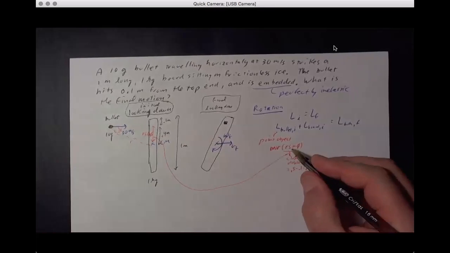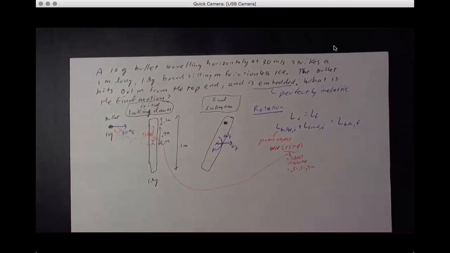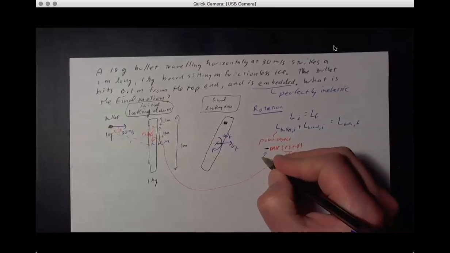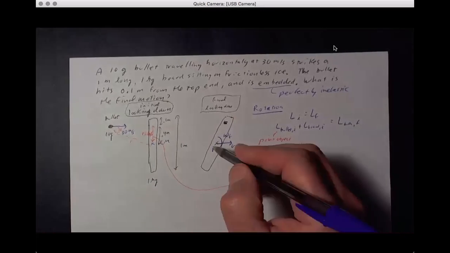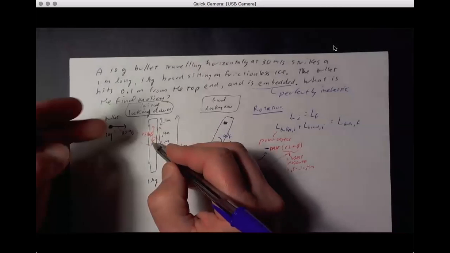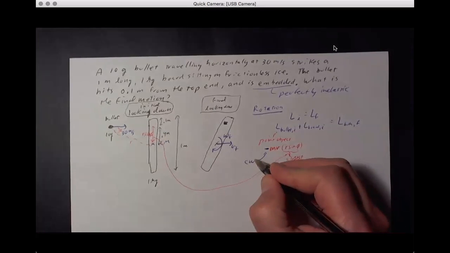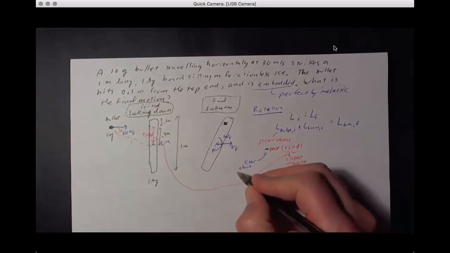That's r sine phi. We need a minus sign in front of here, and the minus sign comes from the fact that it's going clockwise about this axis, right? Here's the axis, that's going that way. That's a clockwise rotation about the board's center of mass.